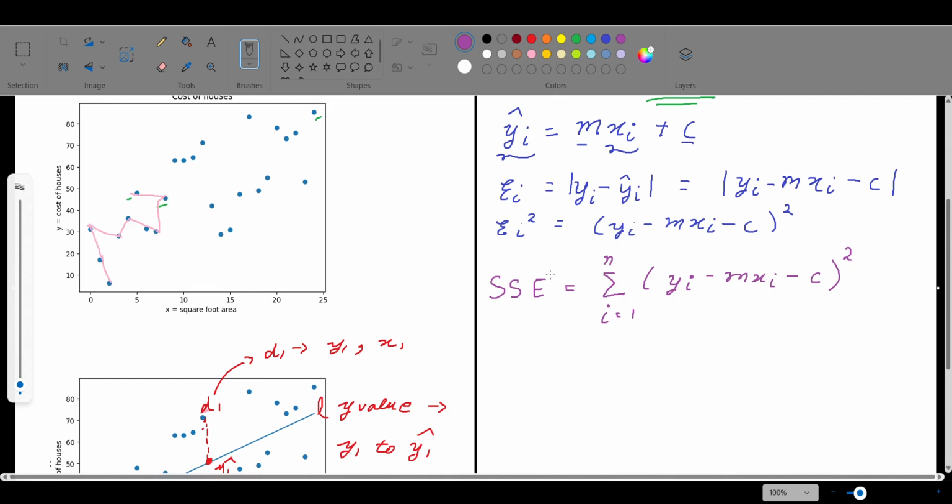Now what do we do with this equation? Remember what we said: we are trying to minimize this sum of squared errors. We want the errors to be as small as possible. Let me write this here: we want to minimize SSE.